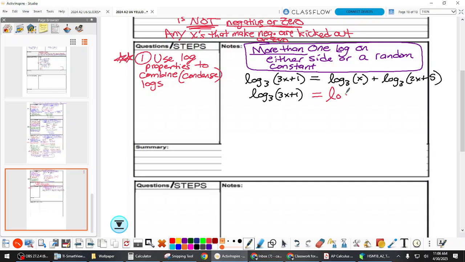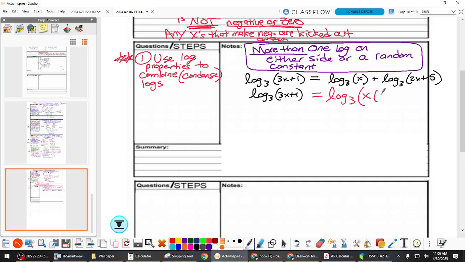Is it like the x over, or is it actually? Well, think about your log property. Which property creates plus when you use it? Multiplication. So if we're going backwards, those need to be what? Multiplied together.